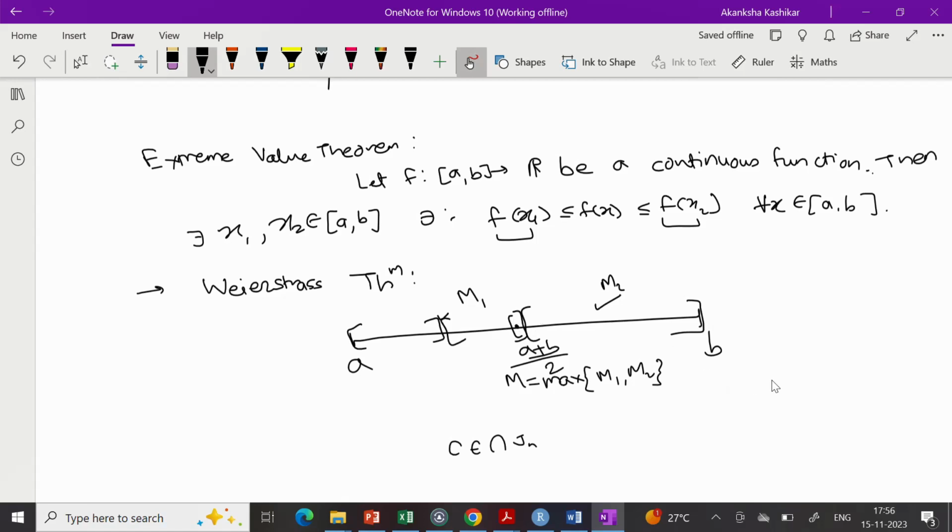So we have seen earlier that because the interval length is decreasing, at the end there will be at most one point in the intersection. And because of our local boundedness result, we can have an interval c minus delta to c plus delta which covers the nested intervals, and in this interval the function is bounded. So this is a contradiction to the fact that the function is unbounded in between.